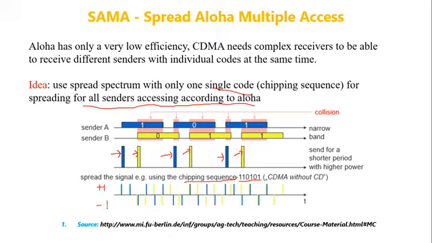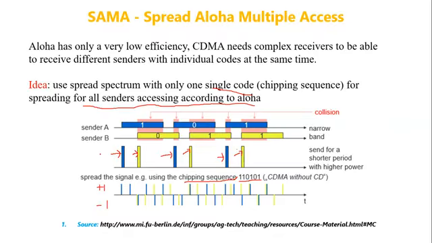This is the basic idea. Whenever the sender wants to transmit data, it will be multiplied with this chipping sequence.